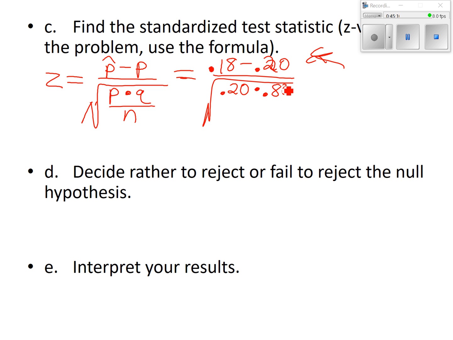Remember, you just subtract from 1 to get Q. N, how many did we have in our sample? 1,420. When I do this, I do the top first. I know that the top's going to be negative 0.02, then I leave that in my calculator and hit divided by and punch this in.